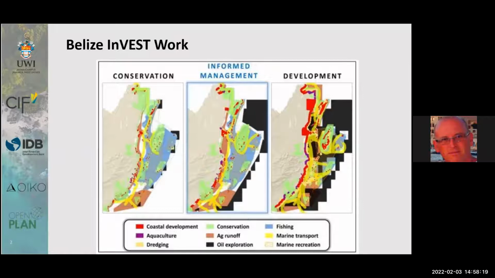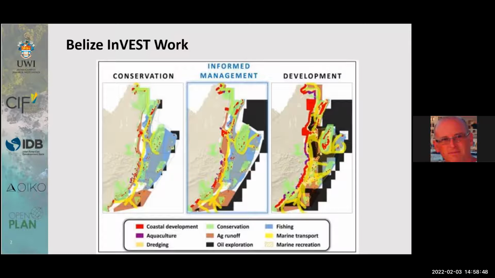And then you can bring a scenario cloak around that to say, wouldn't it be good if we could really green our approach, or we don't have any option, we've actually got to move forward and get as much development as possible. All those scenarios can be tested. Importantly, they can be mapped. And even more importantly, the output of those maps can actually be used to inform decision-making on the ground.